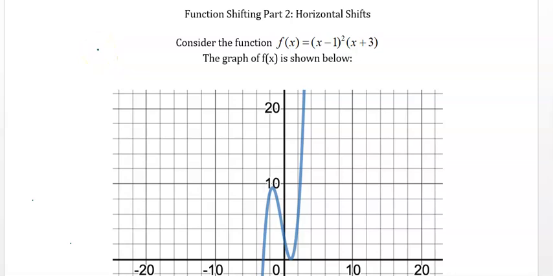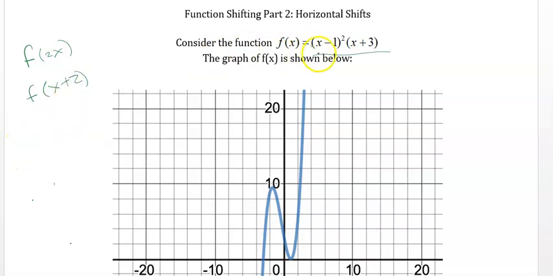So we're going to start with the same basic function we've had, f of x equals x minus 1 squared times x plus 3. That's the equation. Now if I were to ask you to find, say, f of 2x, you would replace all the x's with 2x. But what we're going to really look at today is, what if I were to say find f of x plus 2?